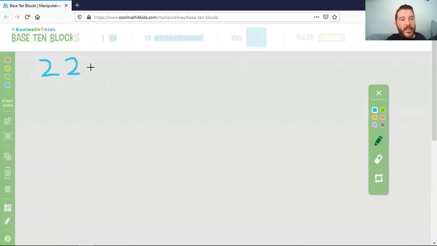If I have a problem that looks like this, 22 take away 16. Now, I would call this trickier subtraction, and there's a reason for that. When we subtract, I always recommend looking at the ones of both numbers. If the ones in the first number are larger than the ones in the second, then it's an easy subtraction.